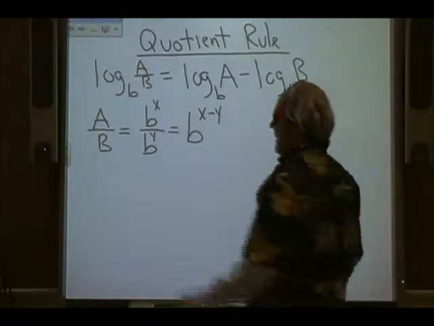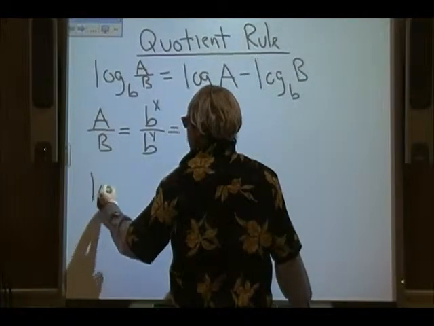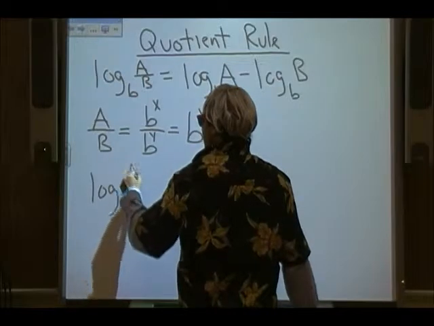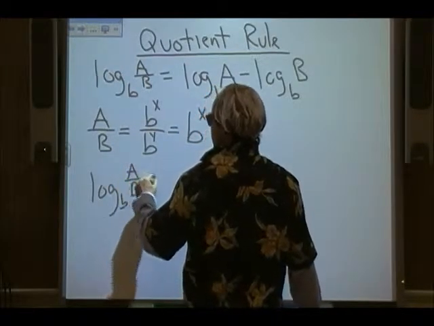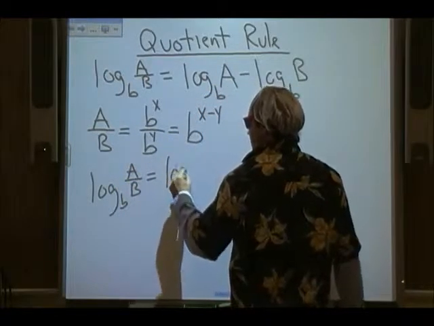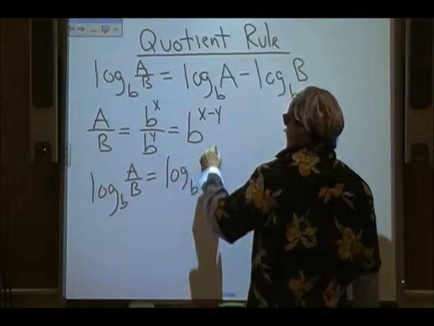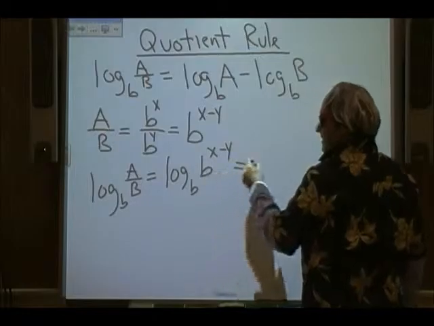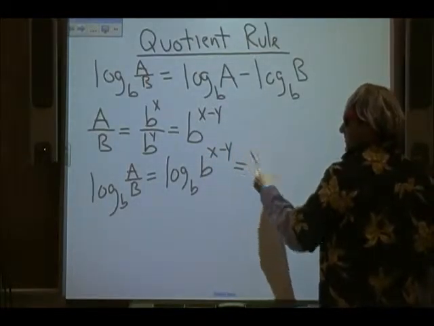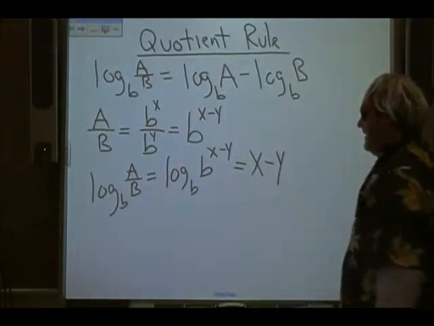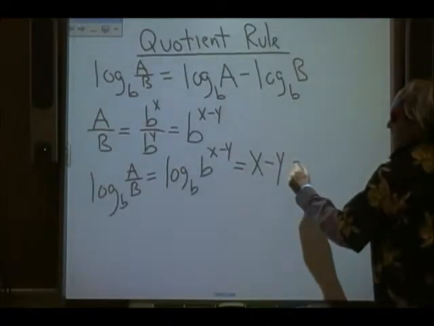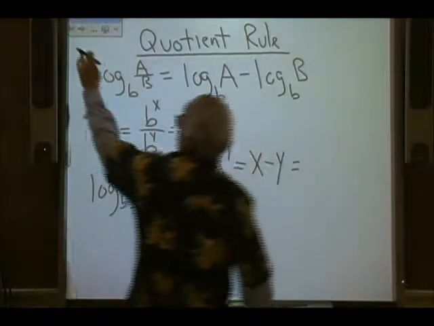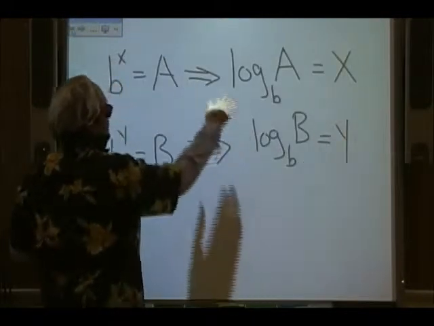Right? Now we take the log of it. The log of a over b equals the log in base b of b to the x minus y. Same reasoning. B to the what is b to the x minus y? It's x minus y. And then what is x minus y? Well, we went back, same principle.